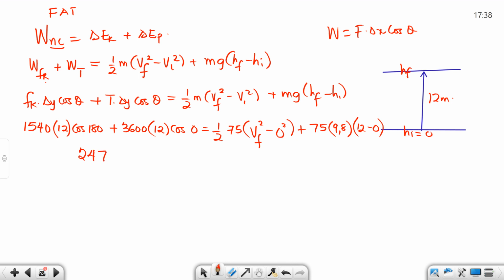All right, equals to, this is 37,5 Vf squared. Now give me the whole thing here. 8,000? Oh yeah, we got that right. And 20. Can we then bring this here? Let's subtract.